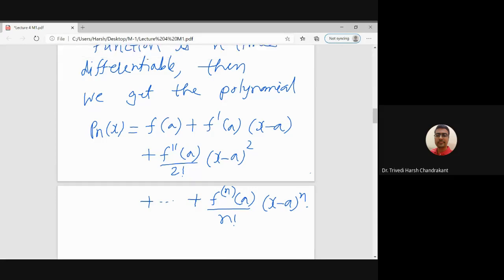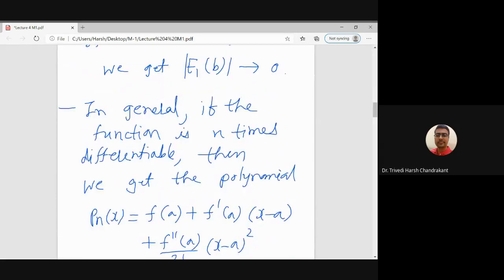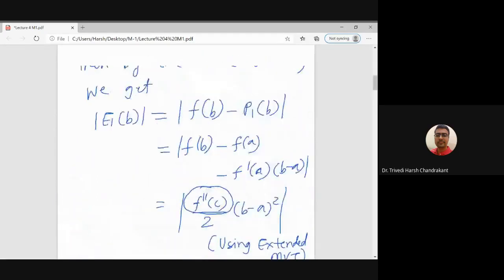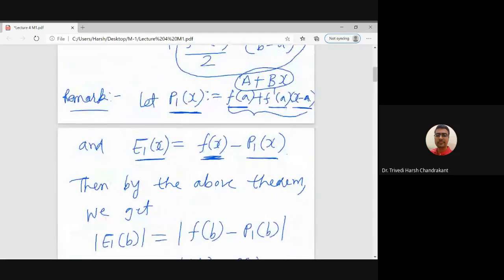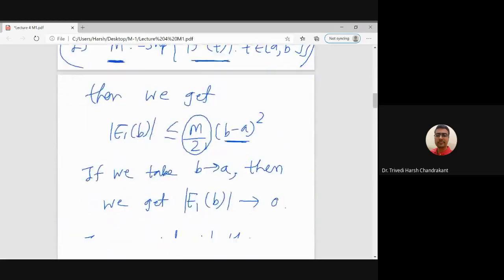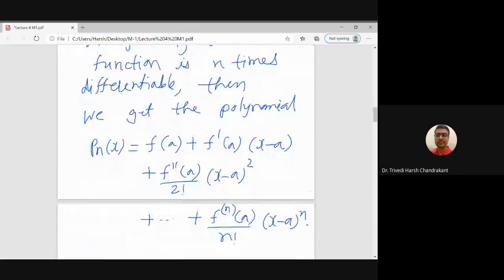So this is the generalization of P1x. P1x we had taken as f(a) plus f dash a into x minus a, up to the first derivative. But now we have n times differentiable functions, so we extended it up to Pn.